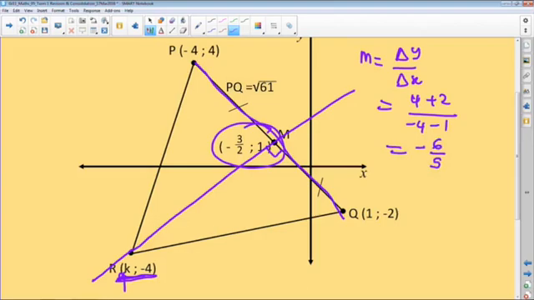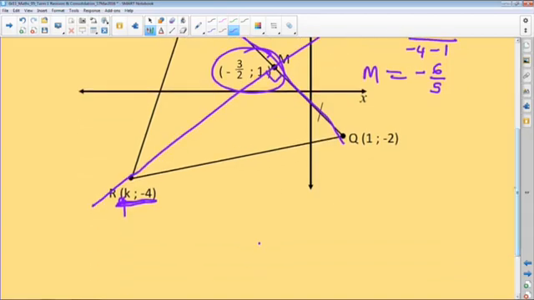And what is it that we know now about the perpendicular lines? It is that the gradient of the first line times the gradient of the second line equals minus 1, okay? So the gradient of the perpendicular bisector, I'll just write PB, equals 5 divided by 6.